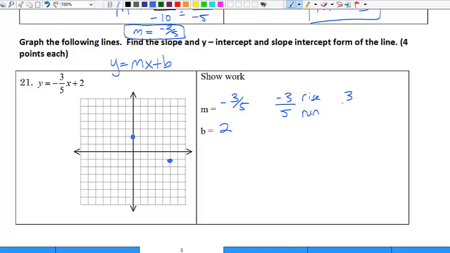You could also put the negative on the bottom, so you could also rise positive 3 and run a negative 5. So going back to 2, if I rise 1, 2, 3, and then go negative 5 run, so that's 2, 3, 4, 5 to the left, I still get another point on the line, and I get a nice beautiful straight line.